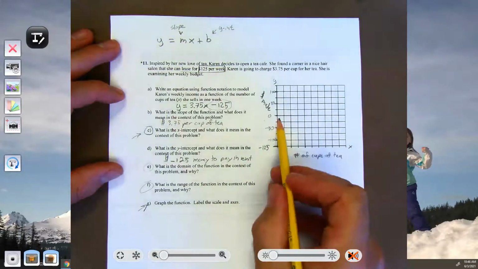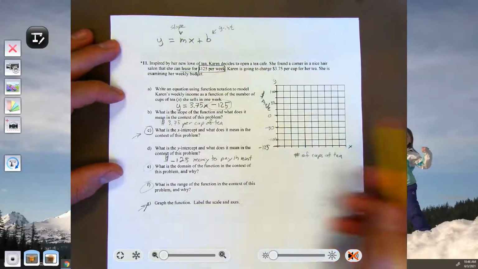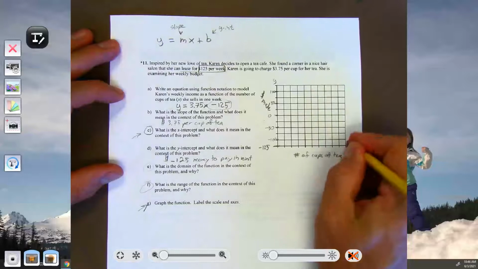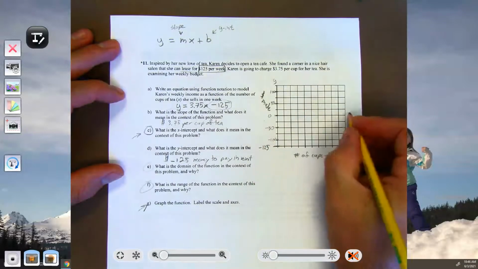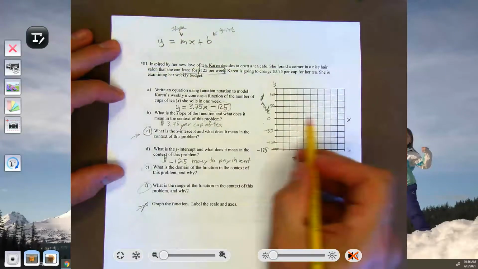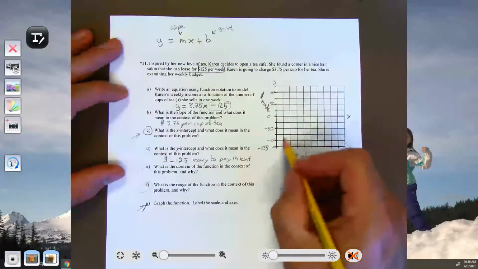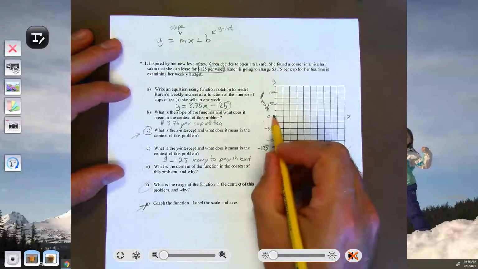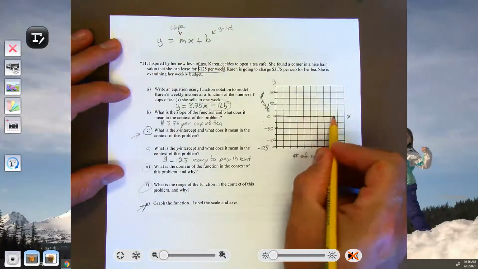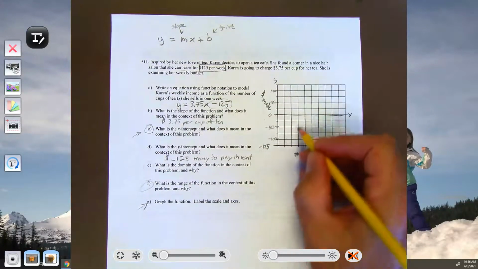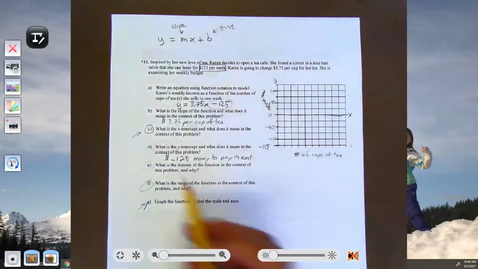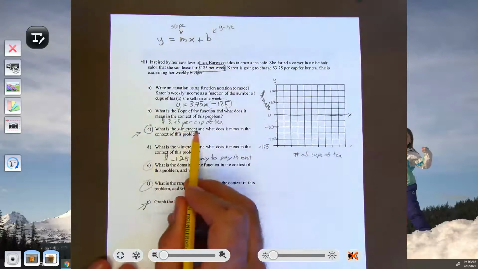What they're basically saying when they ask for the x-intercept, because the x-axis is up here, is where does this line cross the x-axis? Or in other words, how many cups of tea does she have to sell before she makes up that $125? So that's what the x-intercept means in this problem.